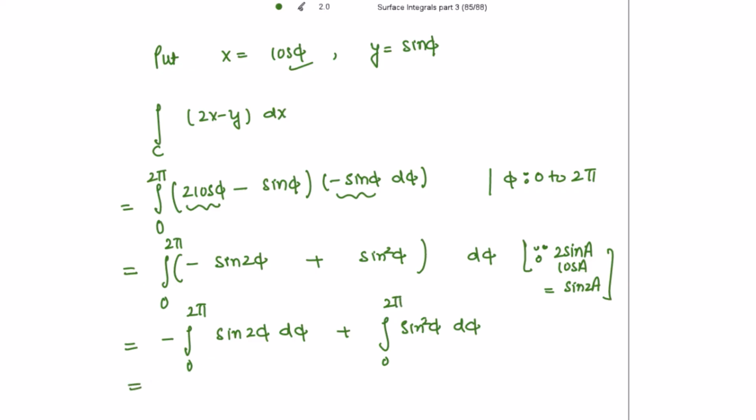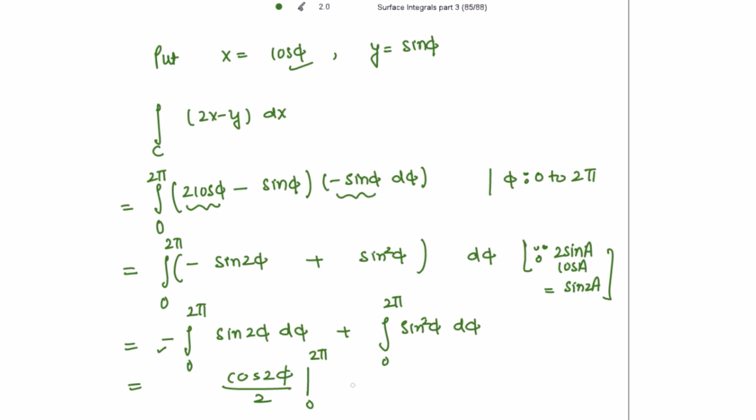Solving the first integral, the integral of sine of 2 phi is negative of cos 2 phi divided by 2. So managing this negative sign, we get cos of 2 phi divided by 2 with limits from 0 to 2 pi.